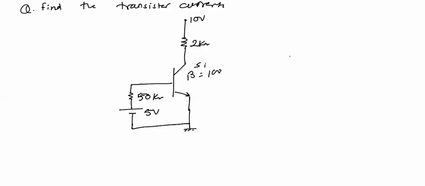Again a silicon transistor is given with beta equal to 100. Now by observation we can see that again this transistor has its base emitter junction forward biased.